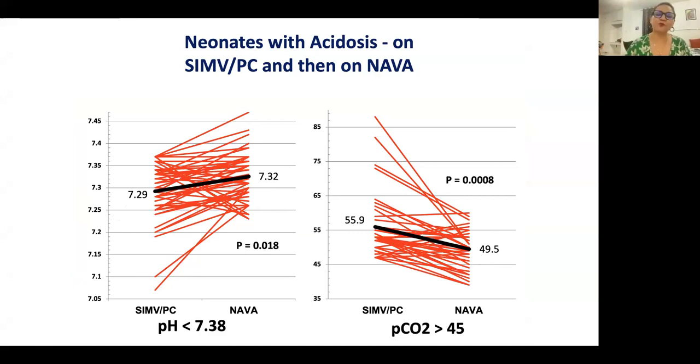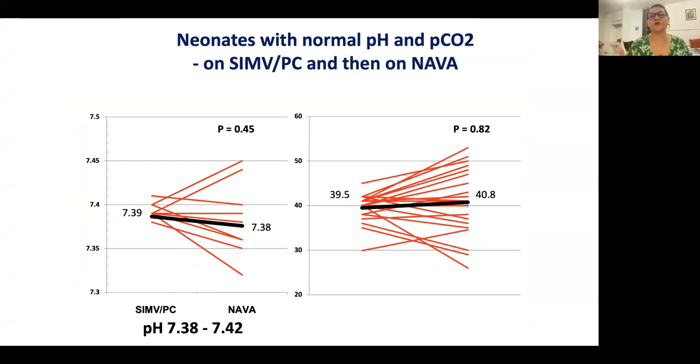However, if you put a baby from SIMV or pressure control to NAVA who has a normal pH and PCO2, there is not going to be much difference. So 7.39 to 7.38, not a big difference. 39.5 of PCO2 to 40.8, not a big difference. So there is no point putting those babies into NAVA.